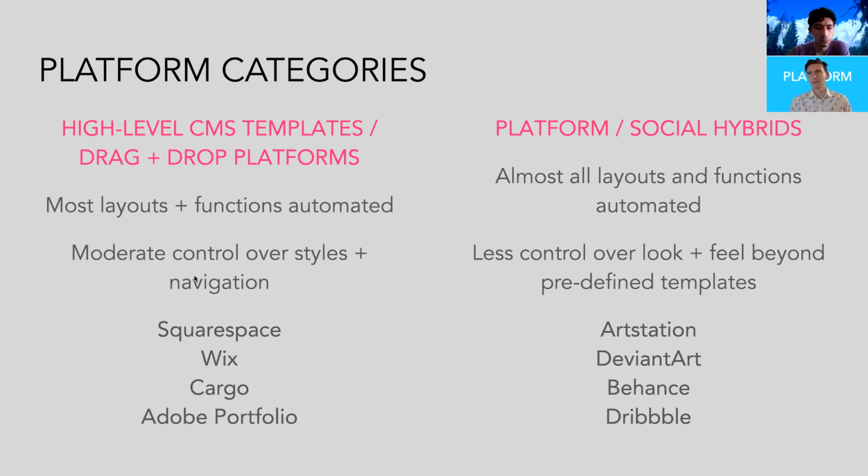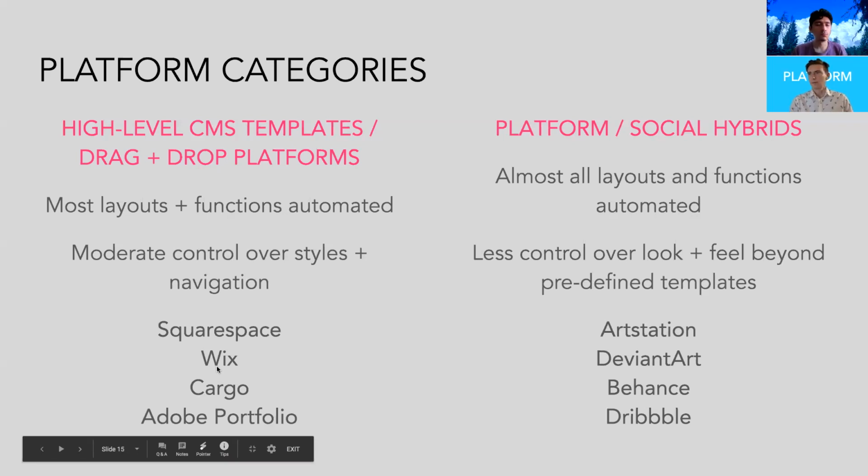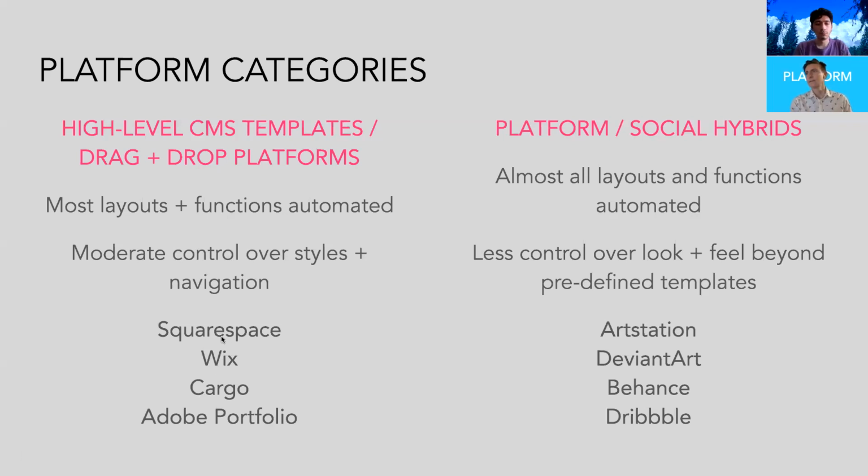You have moderate control over styles and navigation systems. And there's also different levels of control within these different options, which I'm going to go into a little bit more later on. So with these, this is like Squarespace, Wix, Cargo, and Adobe Portfolio.